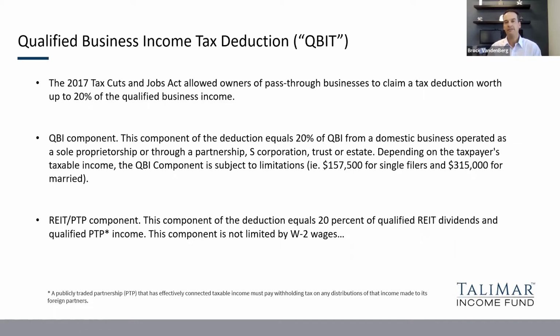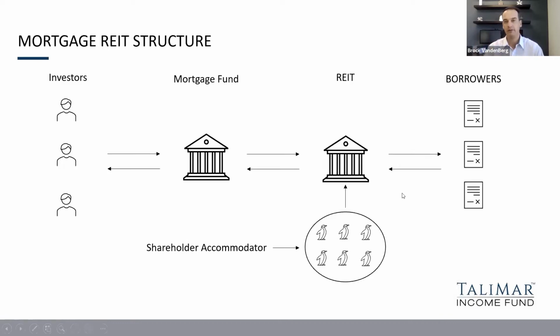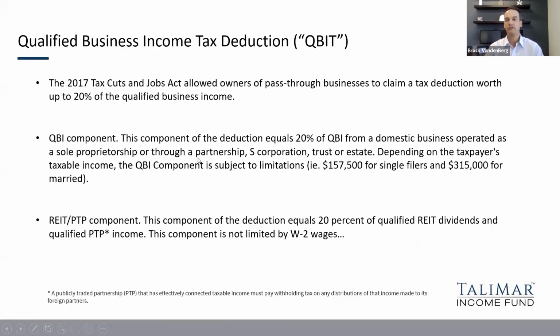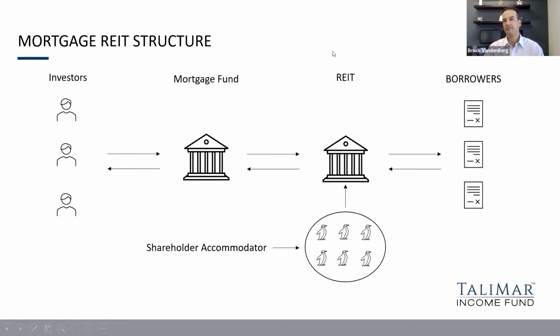So 20% of the income generated from the REIT, which pays out by dividends into the mortgage fund. If you remember here, the REIT is paid out in dividends to the mortgage fund, and doesn't have that restriction. So all investors in the mortgage fund with the REIT structure, now I'll add a caveat on this because this is where it starts to get into the weeds. That income has to be generated at the REIT level.